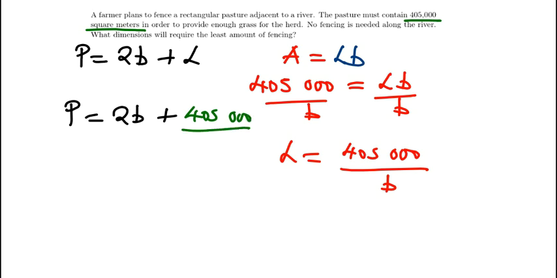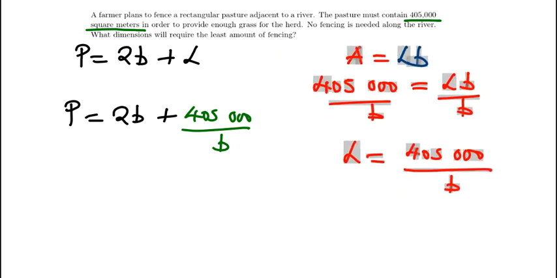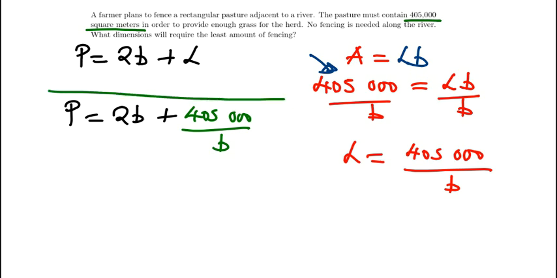So we have P is equal to 2B plus, for our length, 405,000 over B. The way we tend to attempt these questions is, whenever you come up with equations, try to manipulate the equation where you have a given number, make one of the letters the subject, and then substitute in the other given equation. So at this point we've come up with an equation with a single variable B on the right hand side.